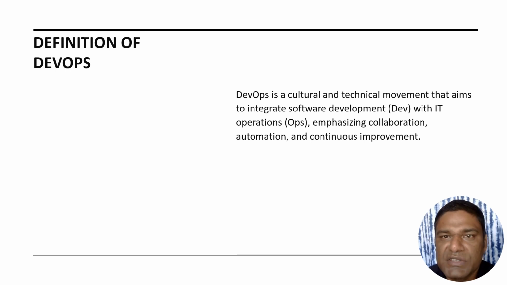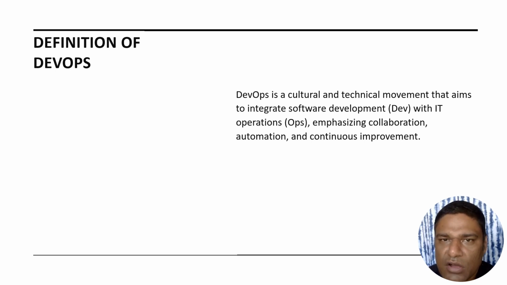It is a transformative approach to software development where we collaborate between the software development team, the IT operations team, and other stakeholders like the QA team, information security team, the program management team, the project management team, the business analysis team.